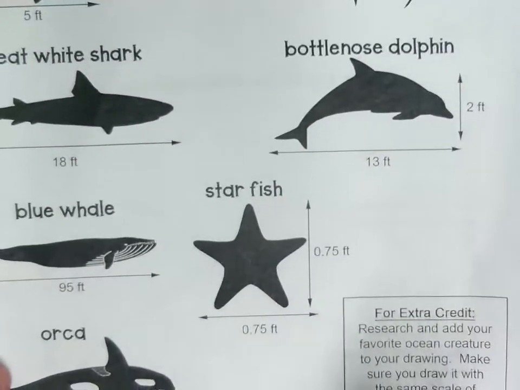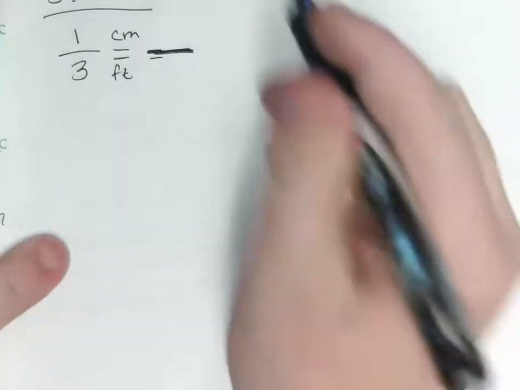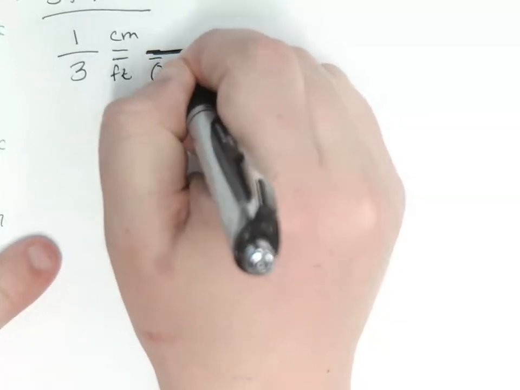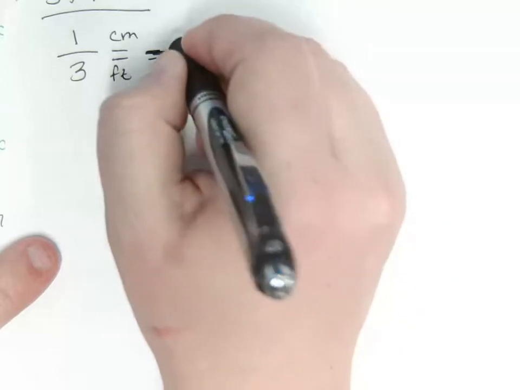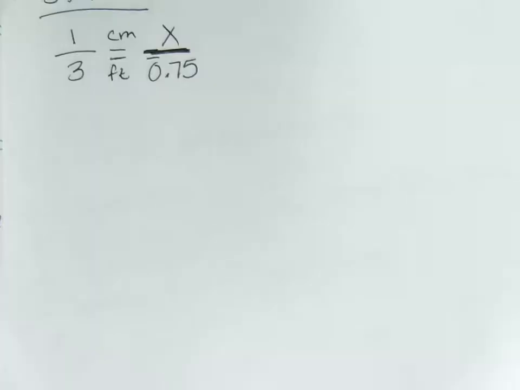On here, it says my starfish is 0.75 feet long. So I'm going to put 0.75 feet there. I'm trying to find what it is in centimeters so I know what I need to do to draw it, okay?